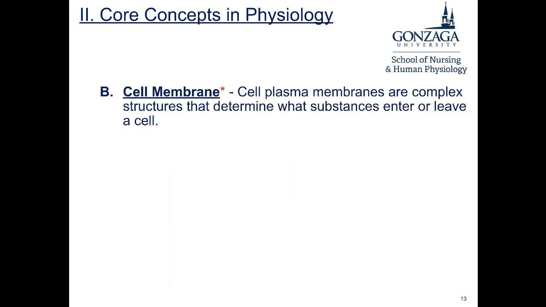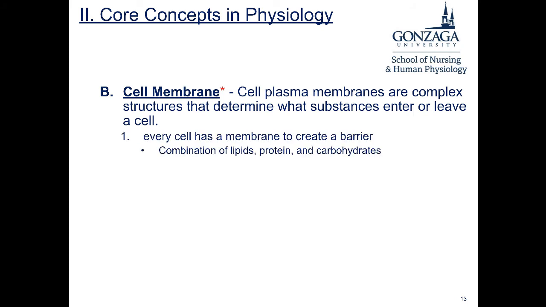All right, the next core concept is cell membrane. What I mean by this is that all cells have a plasma membrane, and these are very complex structures, and the cell membrane is what determines what substances enter or leave a cell. So they're not just providing support and cushioning to a cell, but they're really important. They're regulating what's passing in and out of a cell.